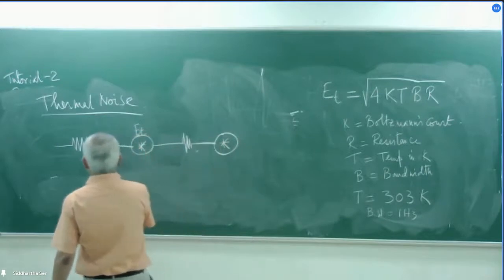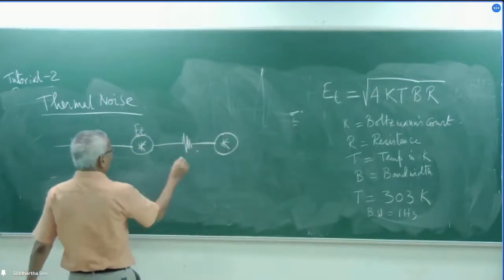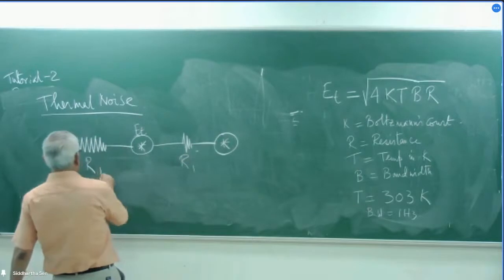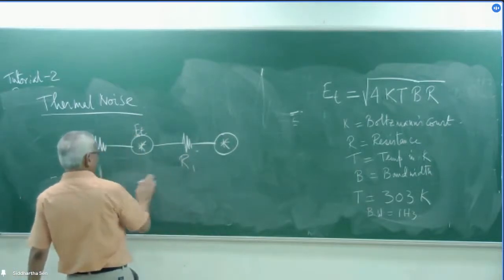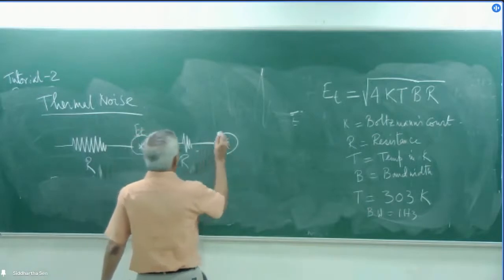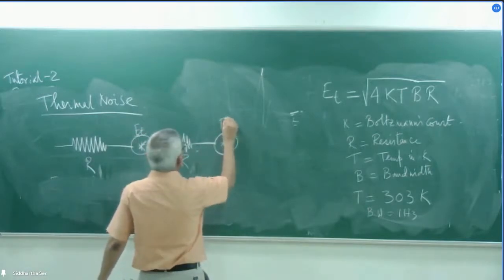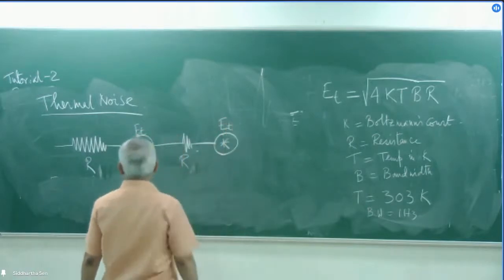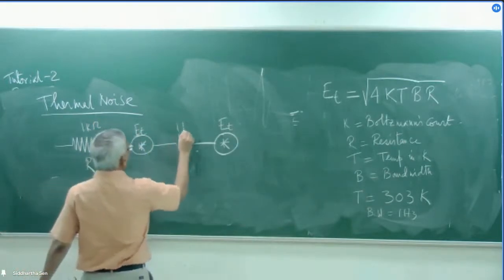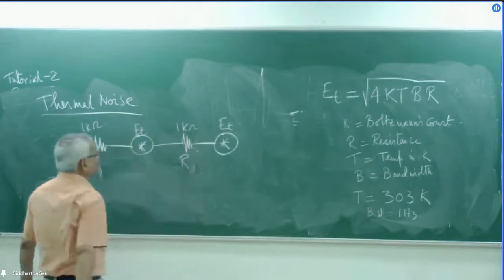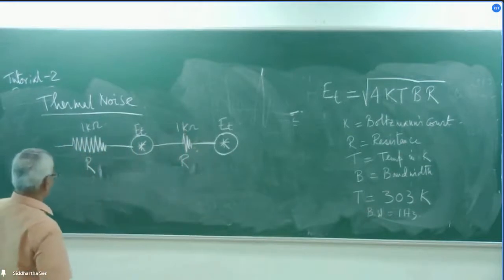Say I call it R1 and R itself. Naturally, if they are identical, this is 1 kilo ohm, and this is also 1 kilo ohm. So what is our equivalent model of the resistance?